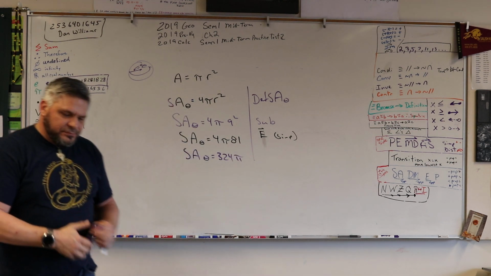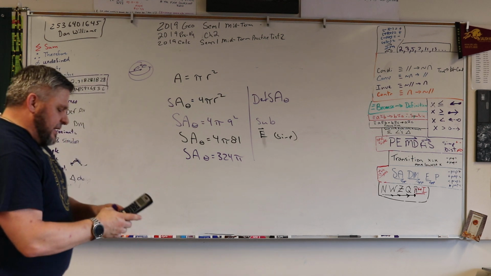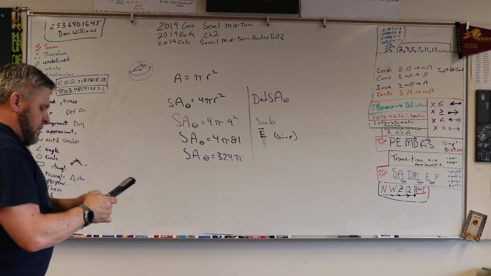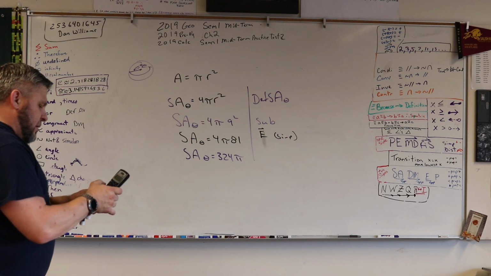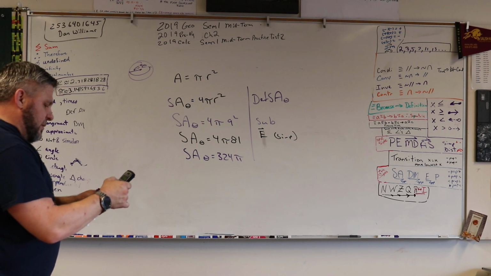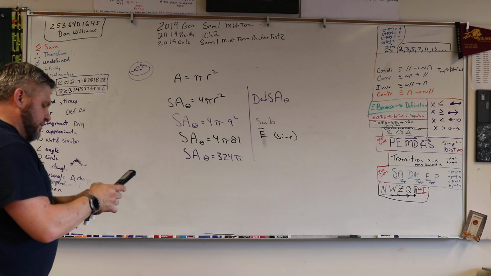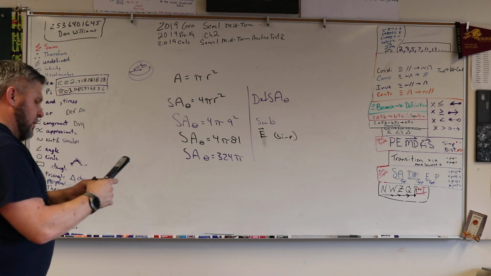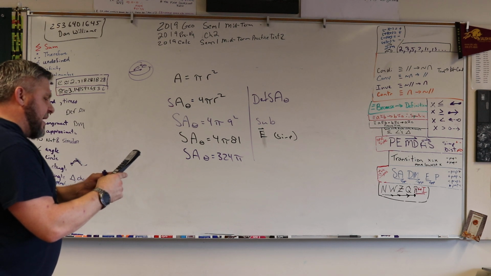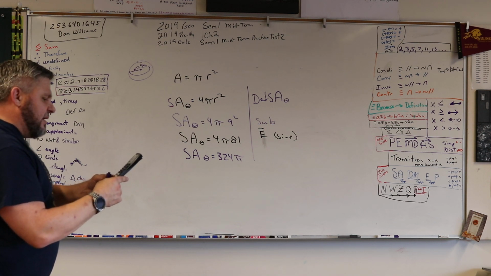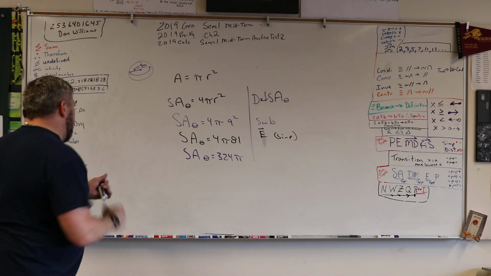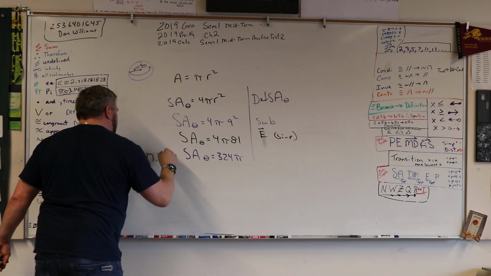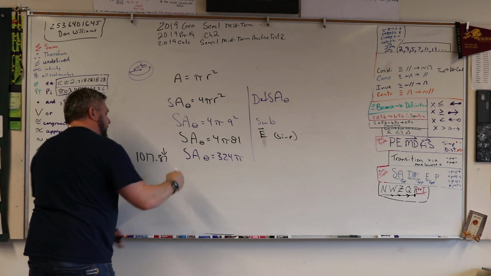Okay? And then I take that 324 pi and I figure out, I get 1017.87. And the 7 does what to the 8?